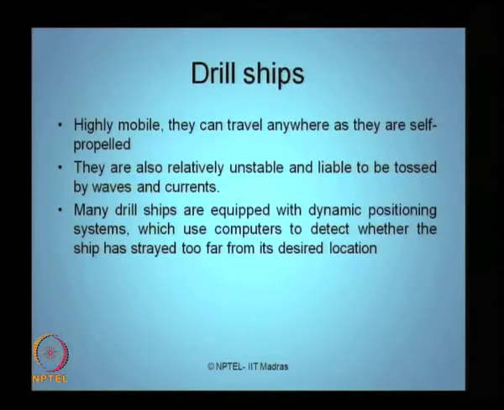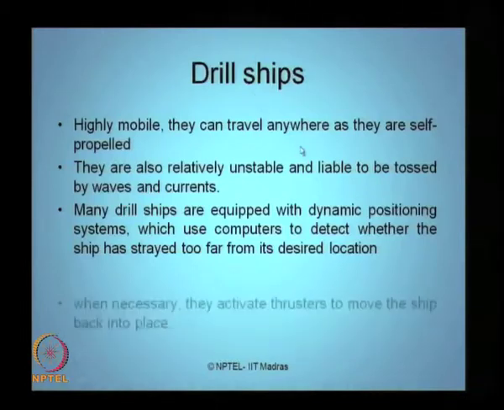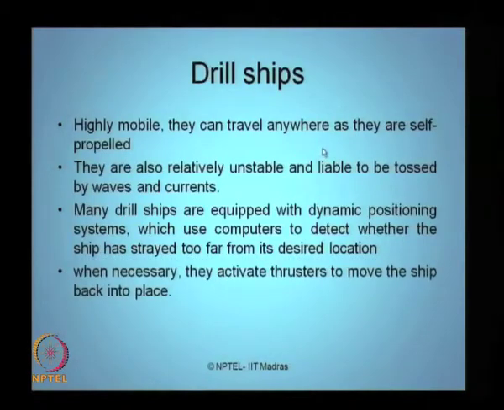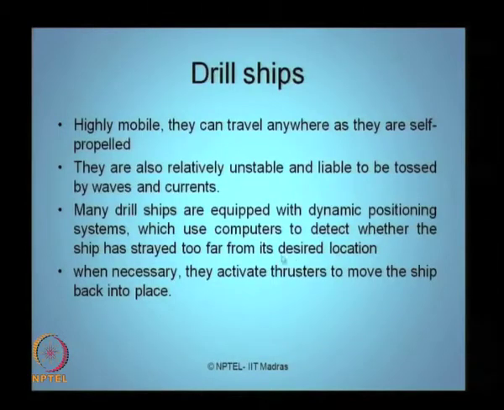Dynamic positioning systems use computers to detect whether the ship has strayed too far from its desired location, or whether the ship is located exactly above the drill hole. Whenever it is necessary, these dynamic positioning systems, which are computer control algorithms, activate the thrusters located at the bottom hull of the ship, and the ship will be moved to the desired location.